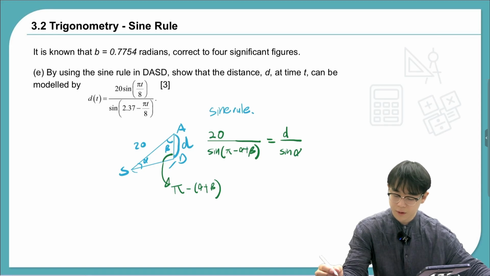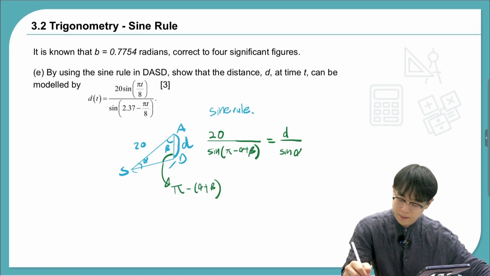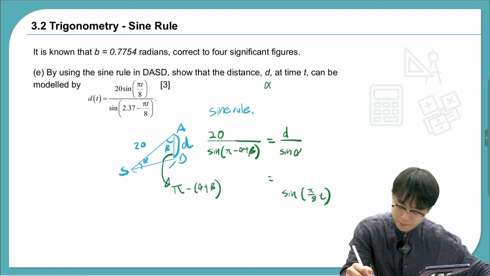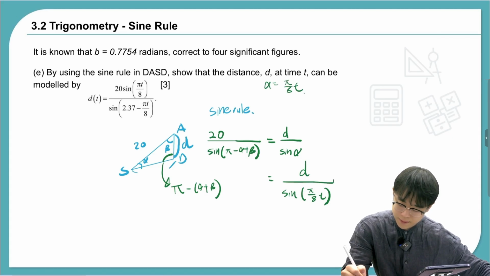We could say alpha is now going to be sine of pi over 8 times t, because we established earlier that alpha is pi over 8 t.